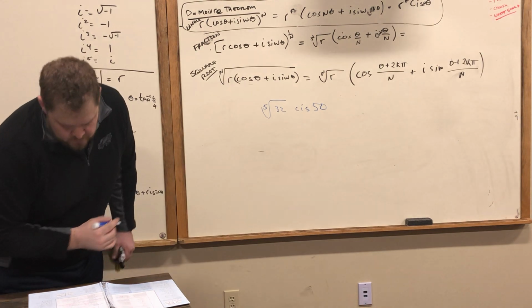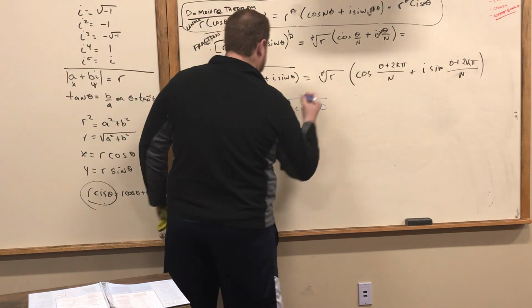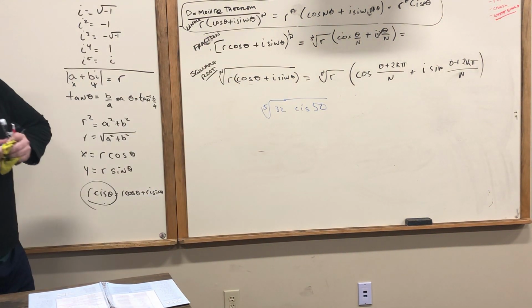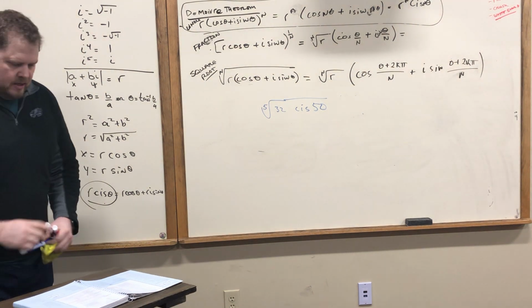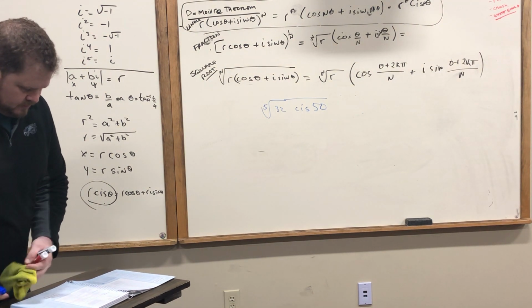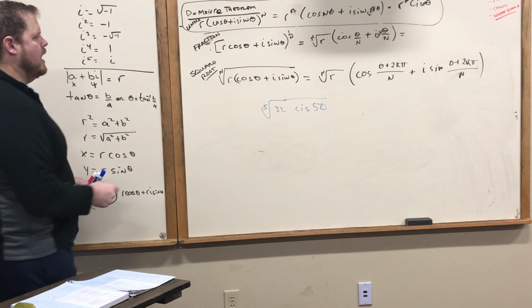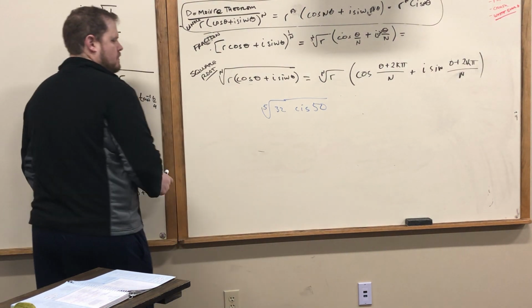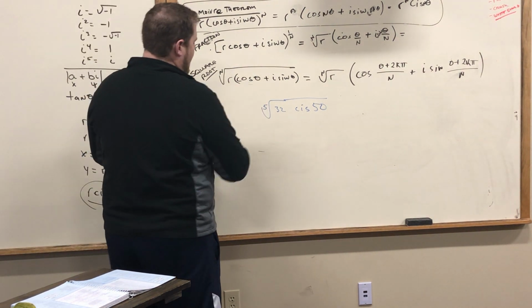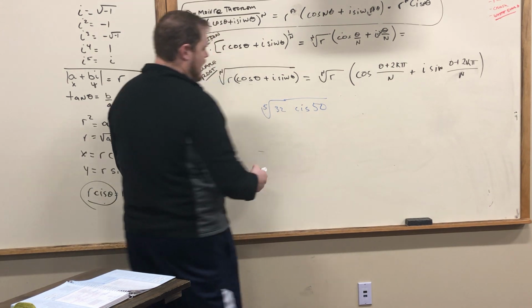Do you see what that one looks like? It looks like this one, but they already gave you the 5, so what happens?